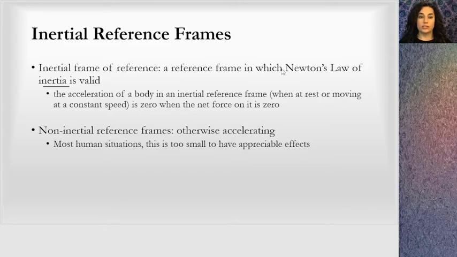And so that's why we have Newton's laws of inertia valid in inertial reference frames. When we have some sort of otherwise accelerating that is not taken into account by Newton's laws, that's a non-inertial reference frame. And that's a lot of why we as humans have trouble figuring out, like, is space expanding or contracting? Because we're attached to space and everything's sort of accelerating, we don't have a good idea.